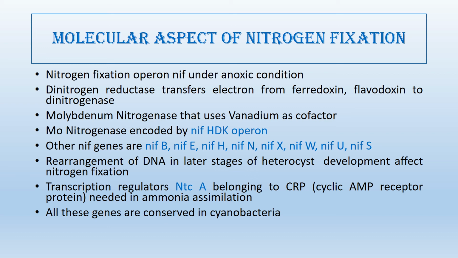These genes are expressed. And all these genes, that is the genes that are required for heterocyst formation, genes that are required for heterocyst maintenance, and genes that are required for nitrogen fixation, that is for the formation of nitrogenase, all these three categories of genes are conserved in all the cyanobacteria species.